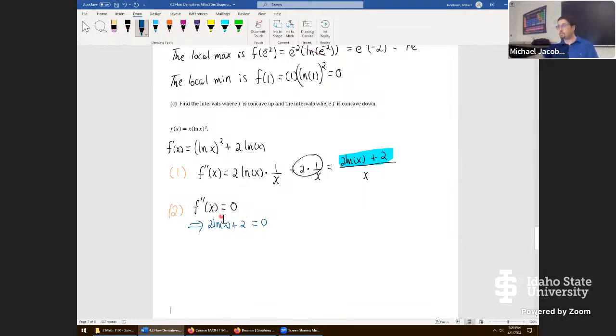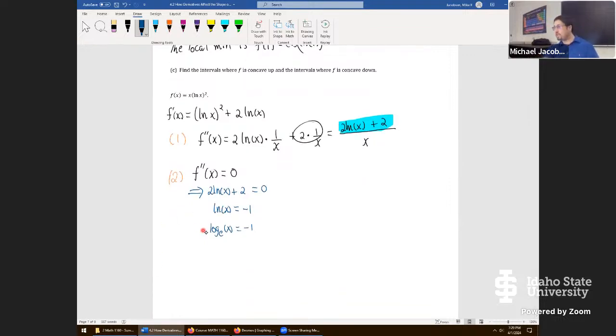Back to solving this one, we just want to isolate the natural logarithm. So we'll say natural log x equals, subtract 2 and divide by 2, and it's -1. You can convert this to log base e of x equals -1.